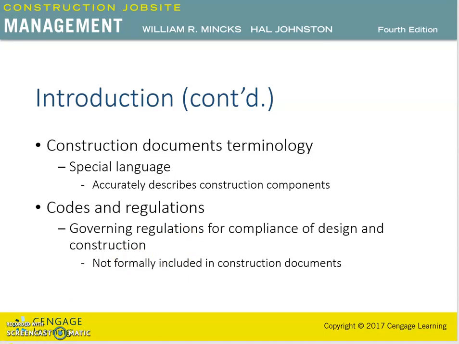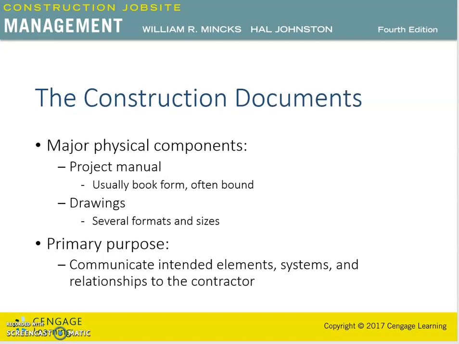After this brief introduction to the construction documents, let's see what these construction documents are. Generally speaking, construction documents can be classified into two major physical components. One of them is the project manual, and the other is the drawings.